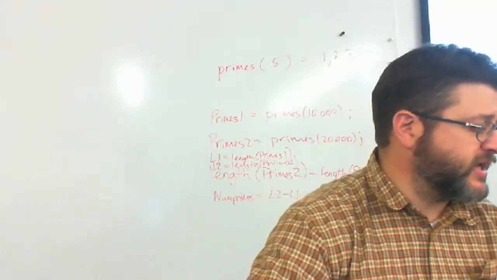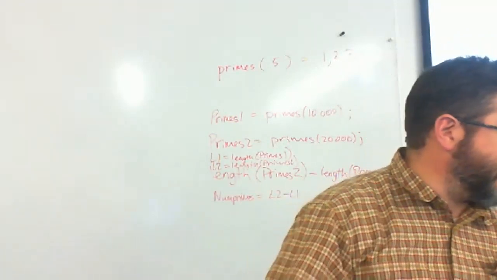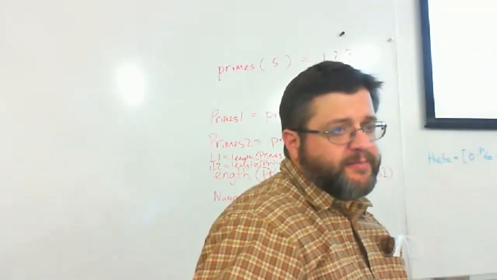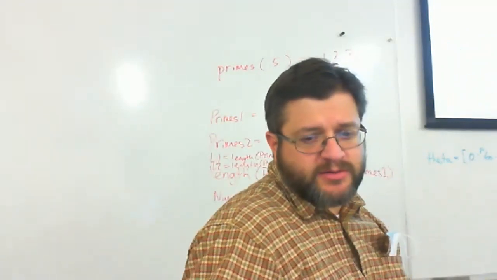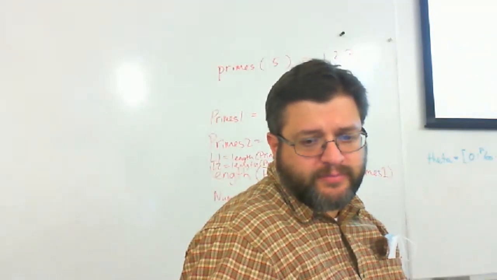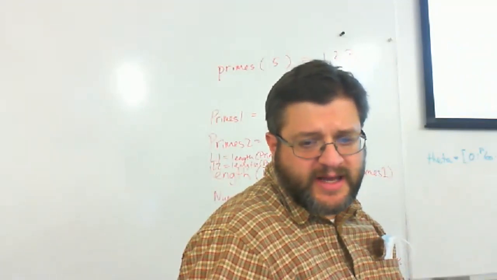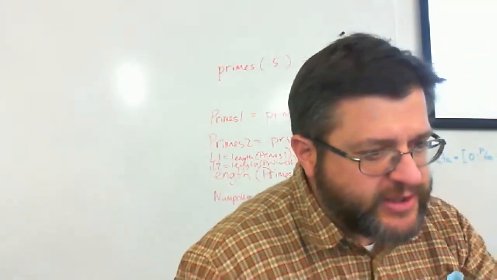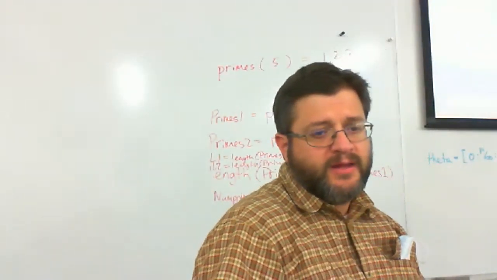Let's get on to chapter 4, manipulating MATLAB matrices. And this really is kind of the meat and potatoes of MATLAB. If you remember from the very first class, I think that I mentioned that MATLAB stands for Matrix Laboratory.